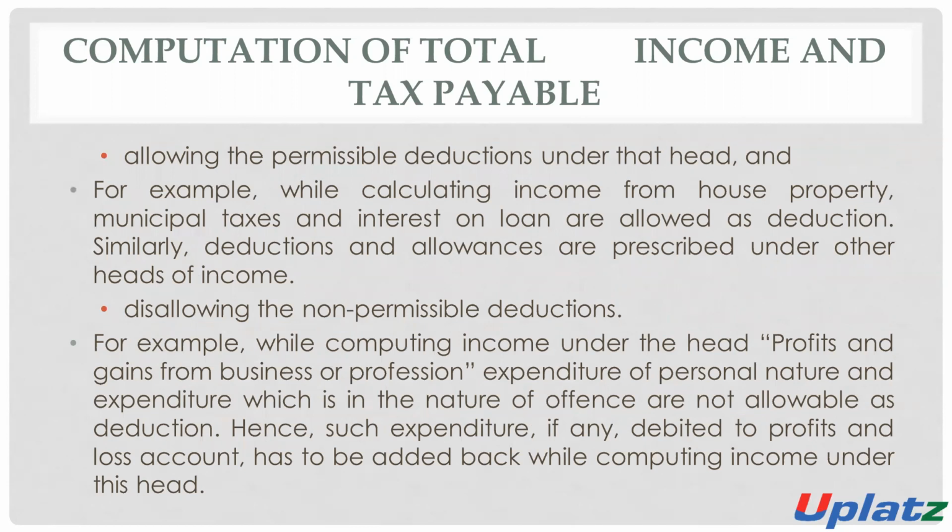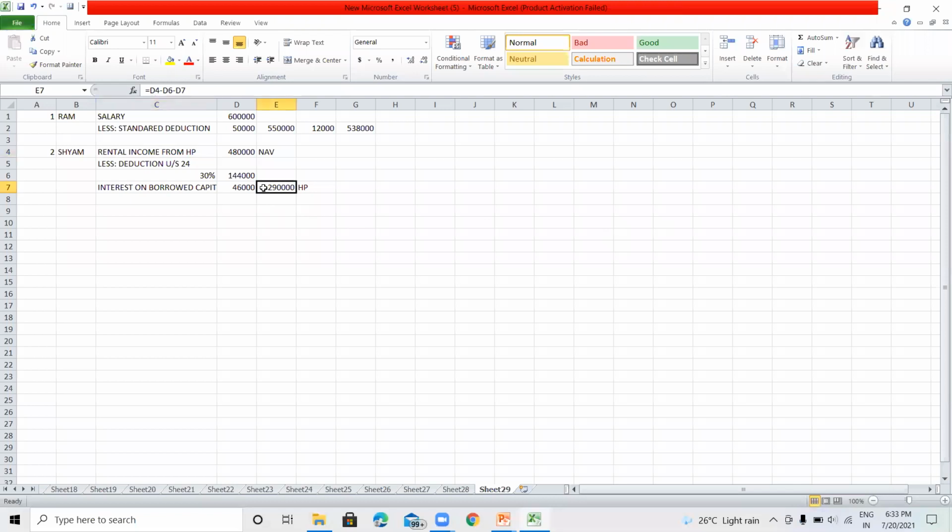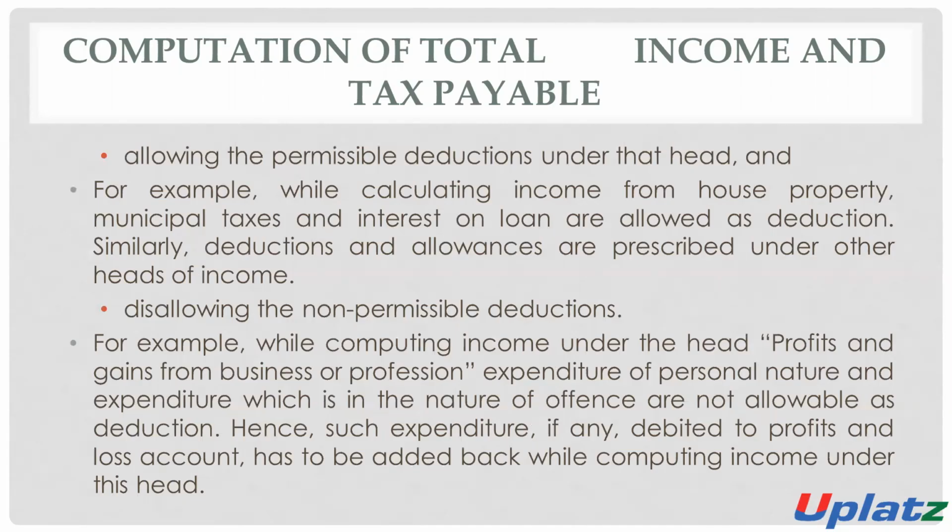We will also provide the deduction under section 24 A and B. So after providing these deductions, the amount which arises will be taxable under the head of house property. Disallowing the non-permissible deductions, the deductions which are not available, we will disallow them. Then we will calculate the income which will be taxable under the particular head.